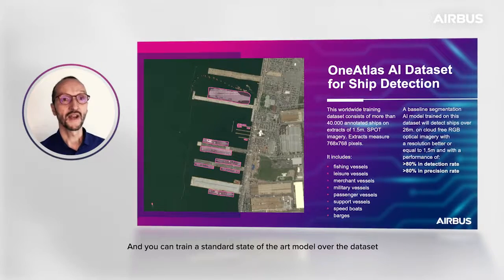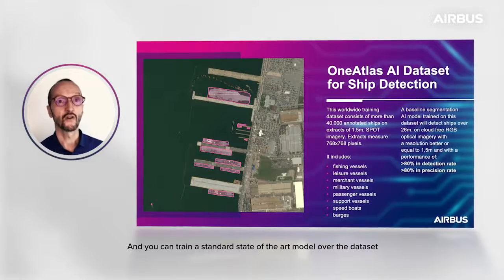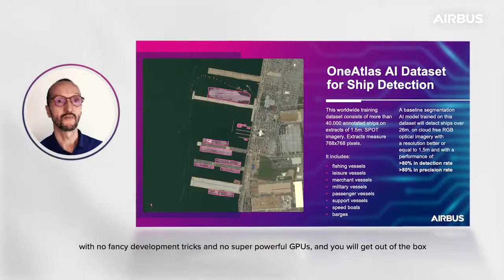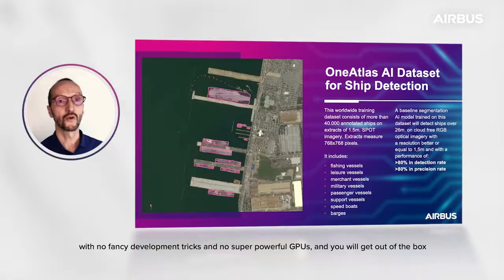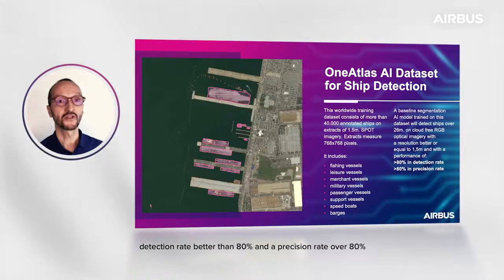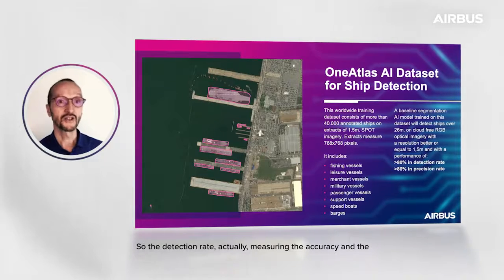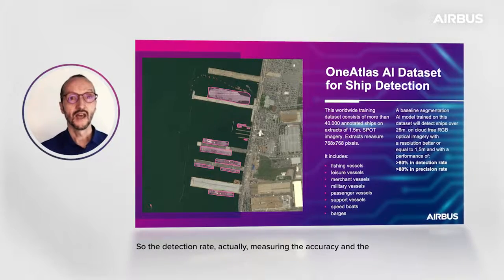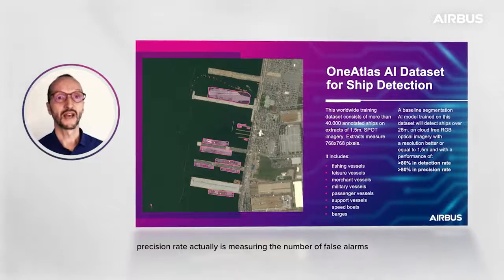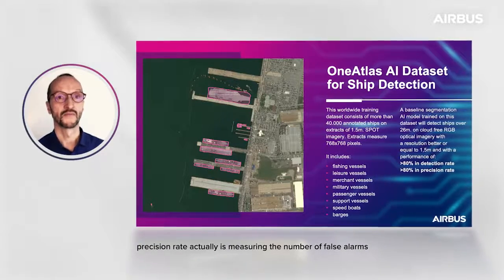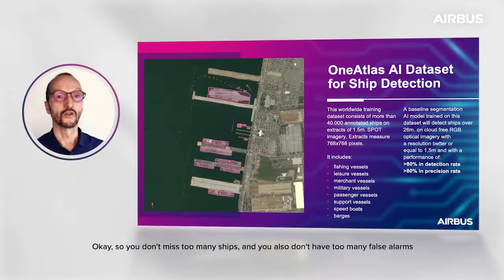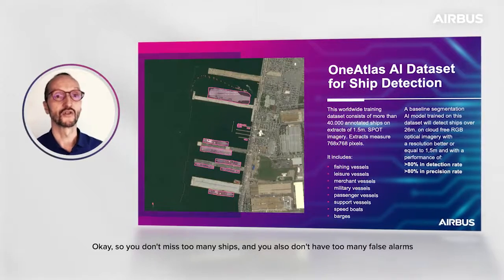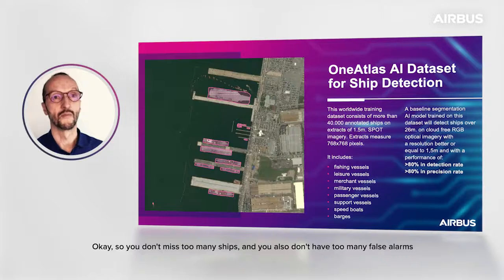You can train a standard state-of-the-art model over the data set with no fancy development tricks and no super powerful GPUs, and you will get out of the box a detection rate better than 80% and a precision rate over 80%. So the detection rate actually measures the accuracy, and the precision rate actually measures the number of false alarms. So that is pretty much a good model. Okay, so you don't miss too many ships, and you also don't raise too many false alarms.